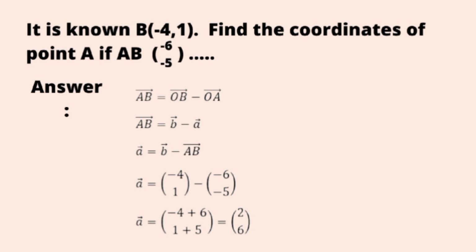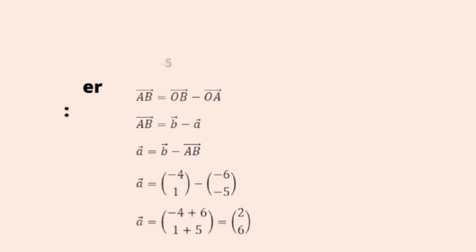And we can move A vector to the left, that A vector equals to B vector negative AB vector. A vector equals to negative 4, 1 subtract negative 6 and negative 5. So we have that A vector equals to negative 4 plus 6 and 1 plus 5. So the result from A vector is 2 and 6.